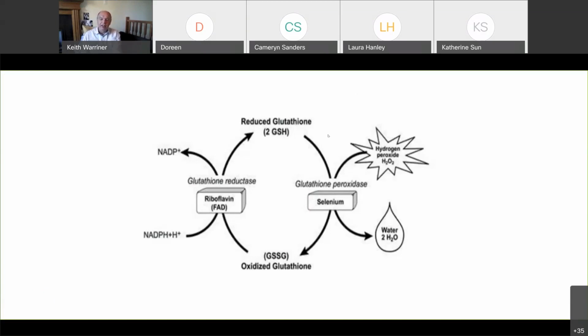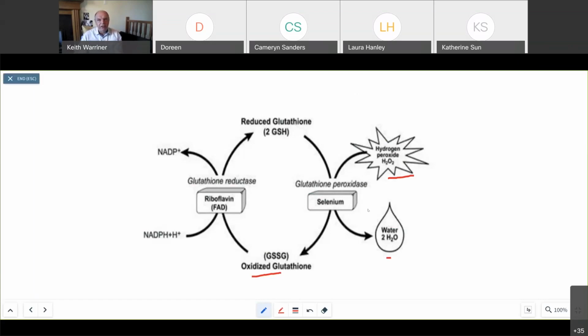When you generate all these radicals from the various reactions, they are sunk into glutathione, which becomes oxidized, because you're taking away electrons, and the radicals turn into water. The oxidized glutathione is then regenerated. But if oxidized glutathione accumulates, that can be equally as damaging as the radicals. So that's the defense system.